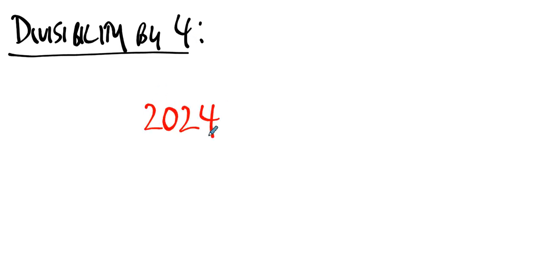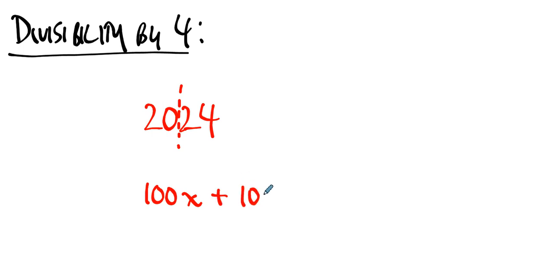Well, can we do the same thing with 4? Is this number divisible by 4? Well, we can't break it up the same way, because 4 is not necessarily a factor here. But if we broke things up just a little differently, then this number out here is 20 hundreds.